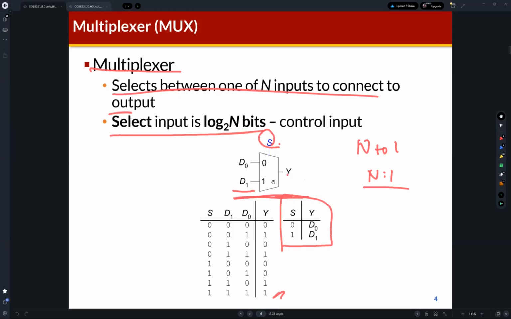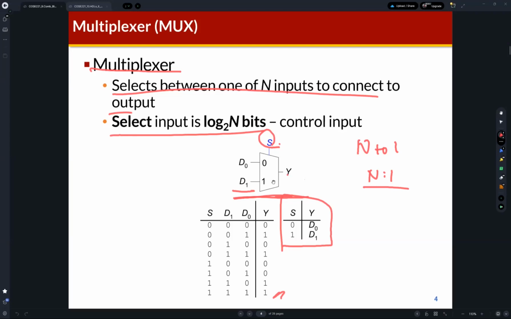We frequently use if and else statements in our software code, which means that hardware also requires frequent if else statements, and an if else statement can be implemented using a multiplexer. Based on the selection of the control signal, we can select between two inputs and connect the output to one input or the other. That is the behavior of a multiplexer.